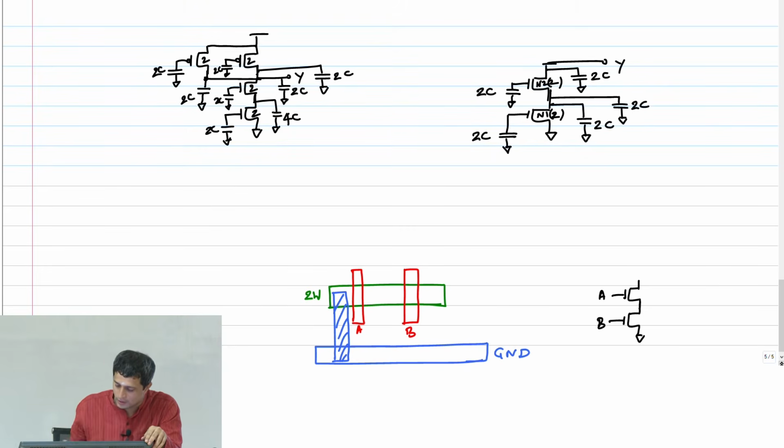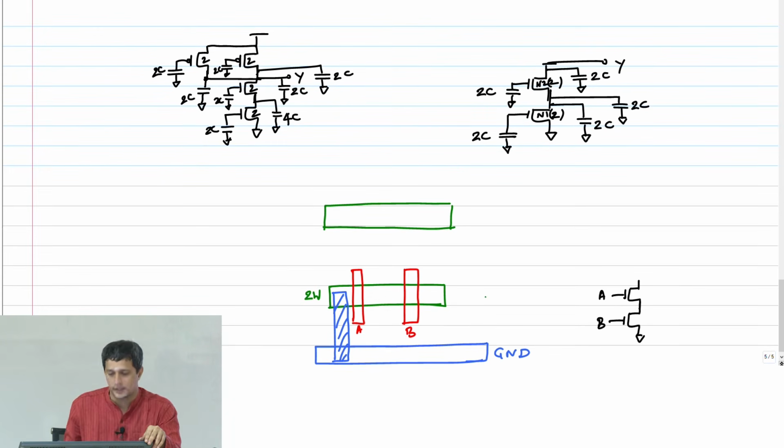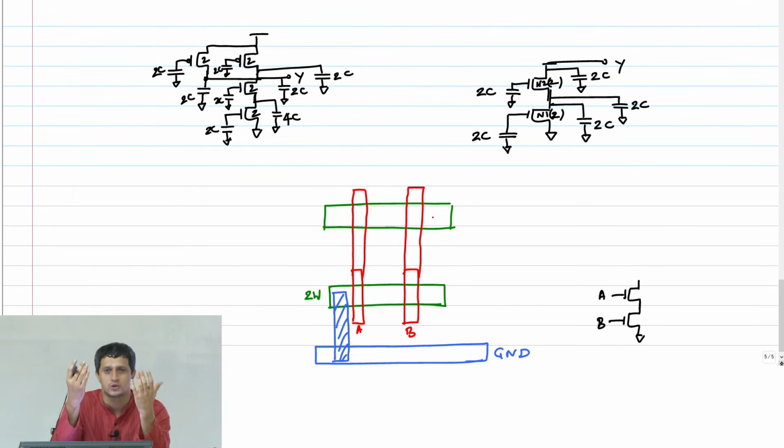Similarly, I have a PMOS, but now this PMOS is going to be in parallel, right? So I'm going to simply extend this gate all the way. And if you remember, it is not possible to bring these two transistors PMOS and NMOS very close because there is a well spacing problem, right?